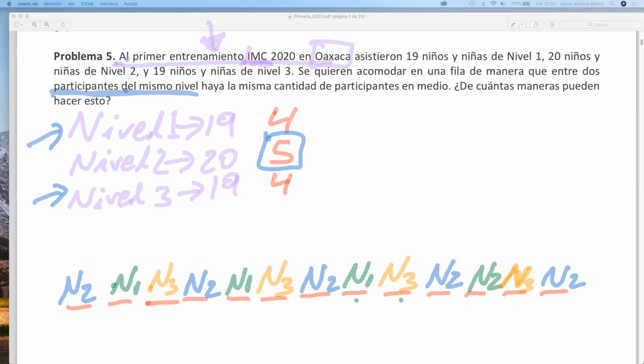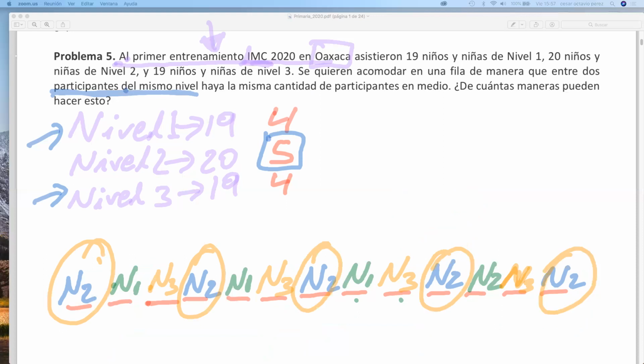Si yo no distinguiera, bueno, los estudiantes son diferentes. This student is different to this student, and this student, and this one, and this one. So we can arrange those in 5 factorial ways. Okay.